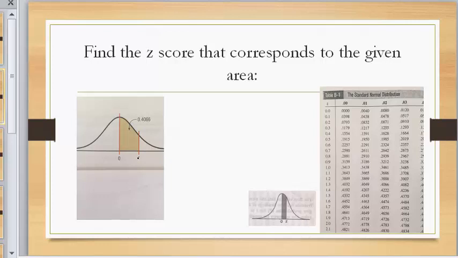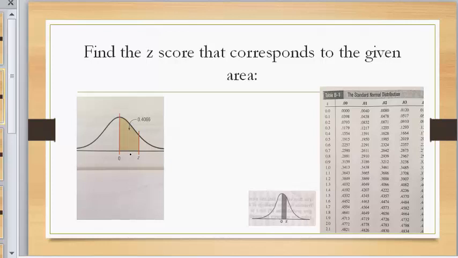So this first problem is perhaps our easiest scenario because they have shaded the section of the curve between 0 and z. And remember that that's exactly the section that our table is designed to address, the part from 0 to the number that we look up.